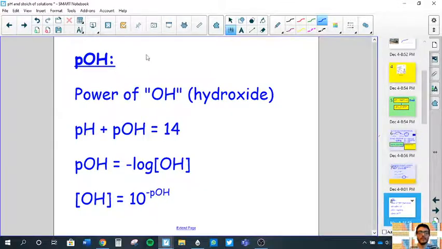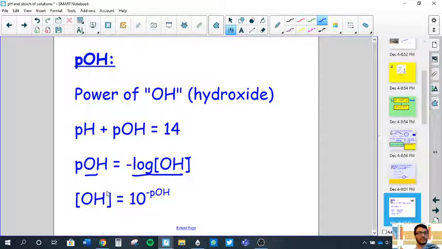Okay, now you talked about pH, and also the concentration of hydrogen ions. We can then also talk about the power of hydroxide, or pOH. In a similar way, it has two formulas just like pH. You can figure out pOH by the negative log of the concentration of hydroxide ions.